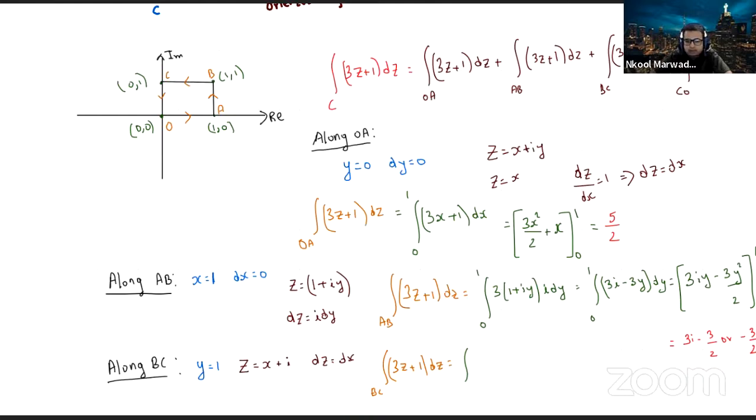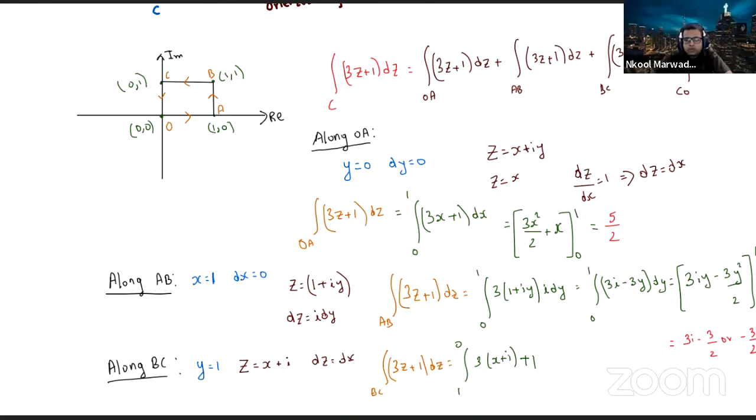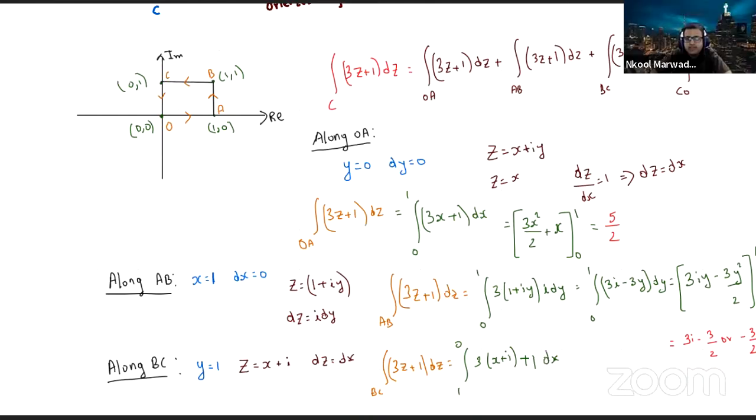Very important: since it is anti-clockwise, we have to take it 1 to 0. So instead of z, I can write x plus i, plus 1. Because dz is equal to dx, that's why we are taking 1.